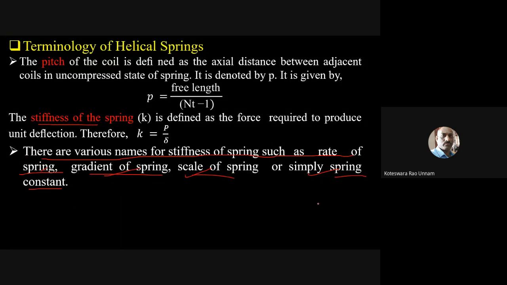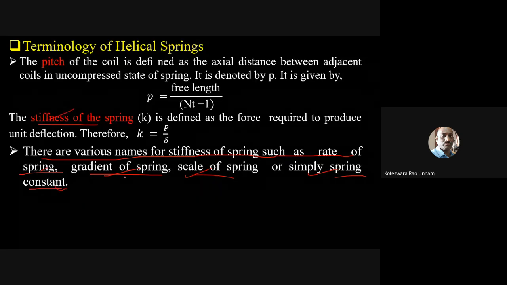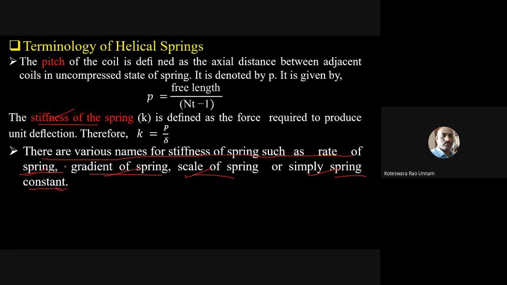Most probably we will use spring constant and stiffness. Maybe in some cases we will say spring rate. Spring rate and rate of spring are both the same. So like this, we can call the stiffness by different names.